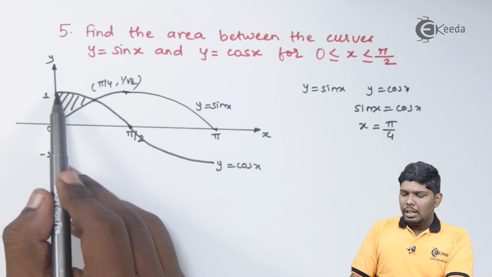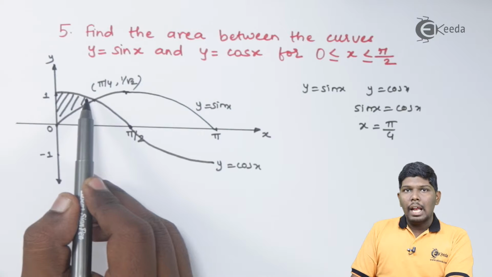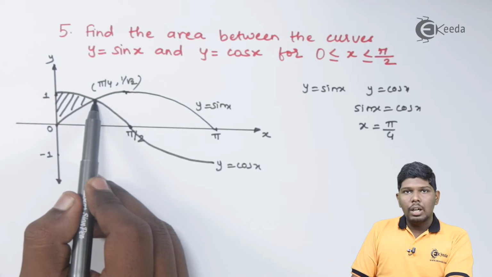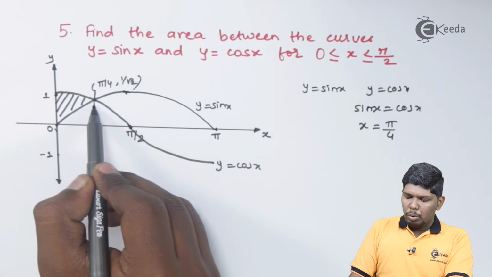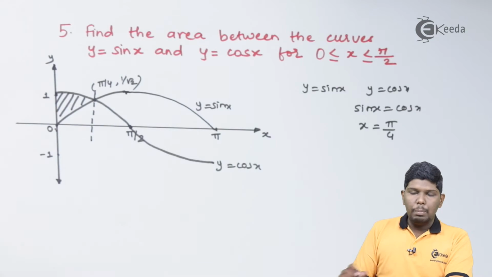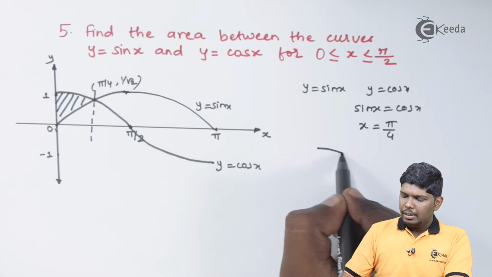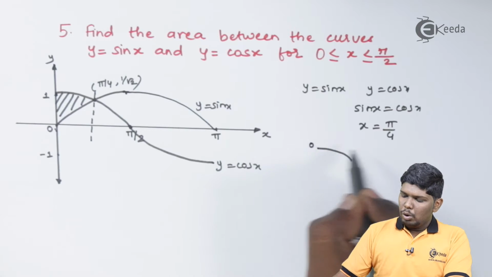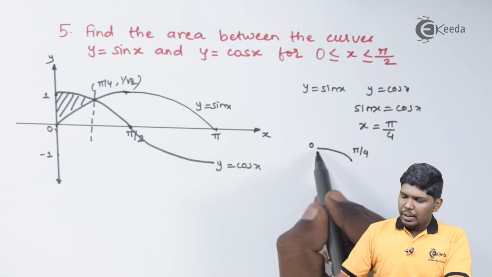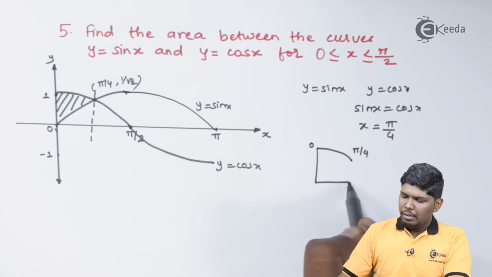As you can see, the curve y is equal to cos x. If I calculate its area below the curve from x is equal to 0 to x is equal to pi by 4. Here we have x is equal to pi by 4. The area that we are going to get will be in this shape. This is our curve y is equal to cos x from 0 to pi by 4, and with x-axis the area formed will be in this shape.